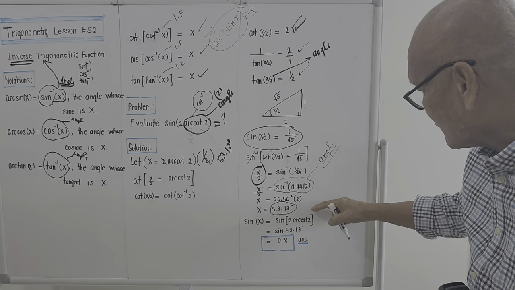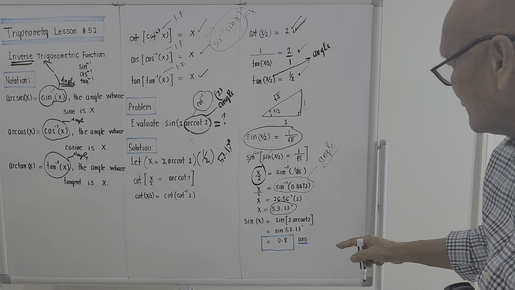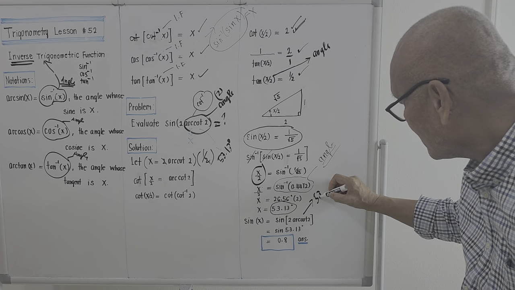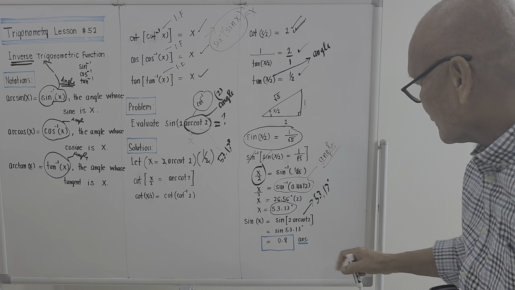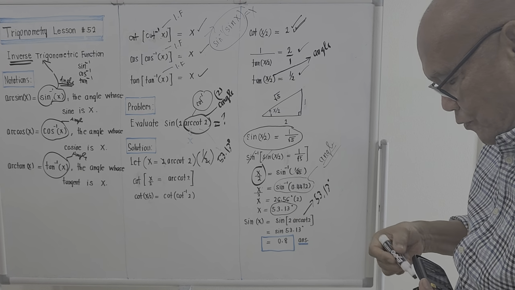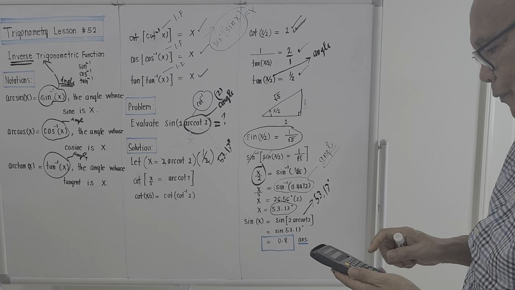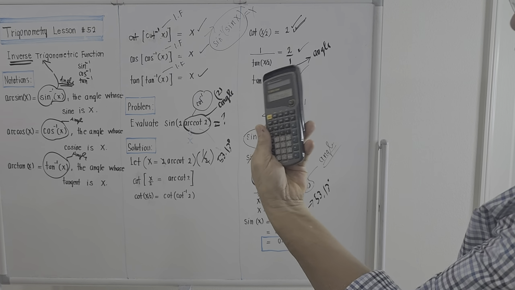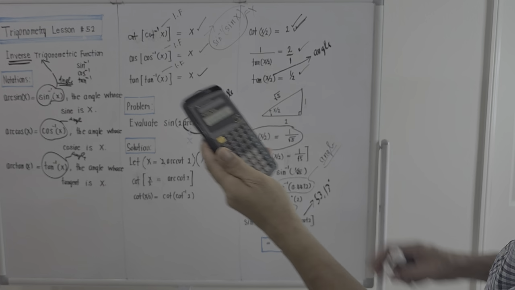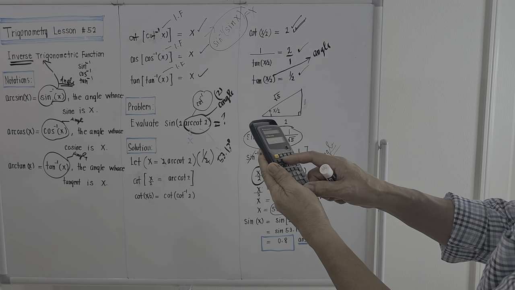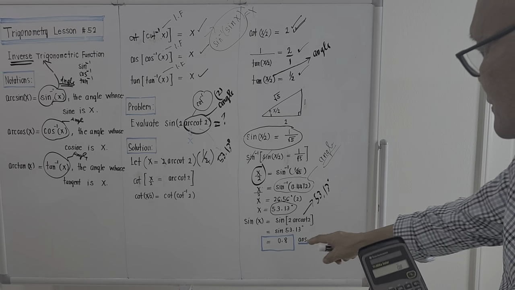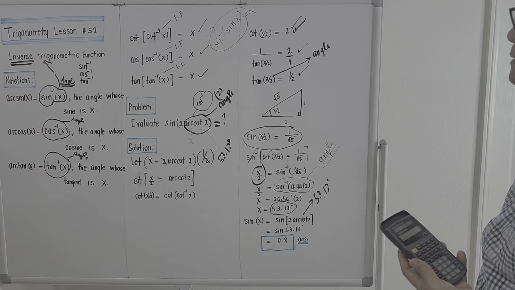Sine of 2 arc cotangent of 2, as per our computation, this value here is 53.13 degrees. So if we try to take the sine of 53.13 degrees, and if we try to take the sine value, it is 0.8. So the answer here is 0.8.